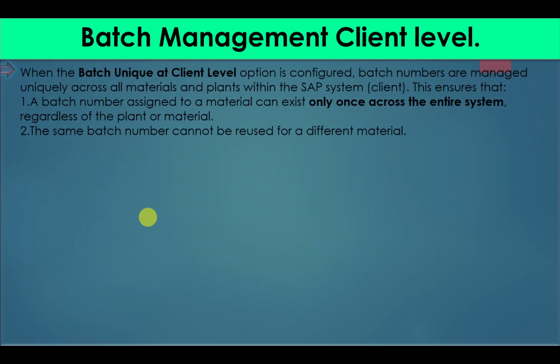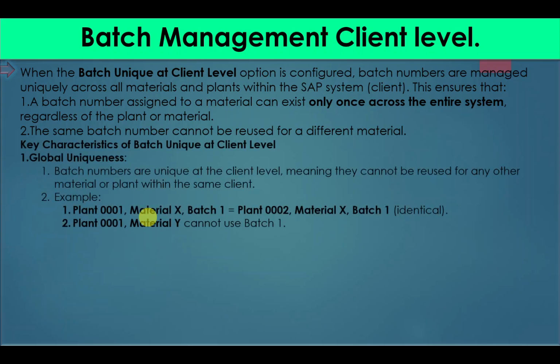Further to it, when the batch unique at client level option is configured in the system, batch numbers are managed uniquely across all materials and plants within the same system or client. So it ensures that the batch number assigned to a material can exist only once across the entire system regardless of the plant or material. The same batch number cannot be reused for a different material.